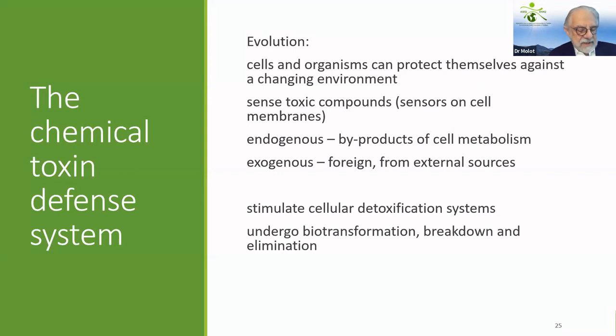When they're sensed, these compounds stimulate cellular detoxification systems so that the chemicals will undergo biotransformation, breakdown, and elimination. And if the individual cell can't do it, it tosses the chemicals into the bloodstream so that the job can be completed by the liver, which specializes in detoxification, and then be eliminated by the kidneys.